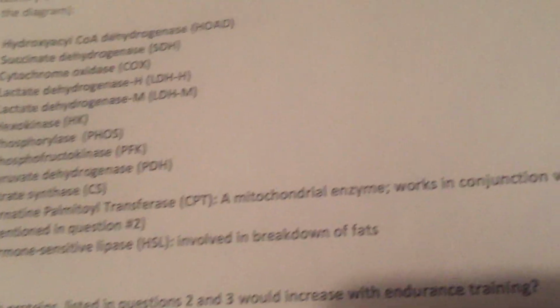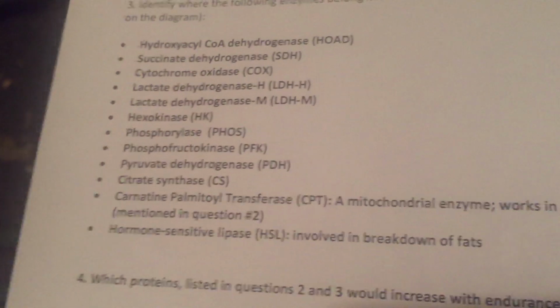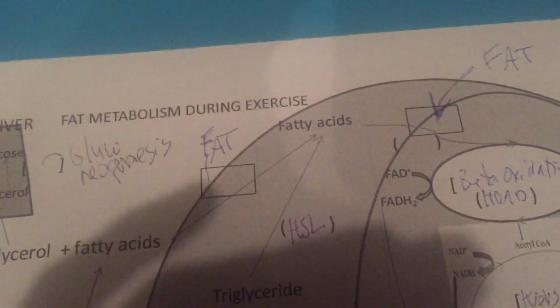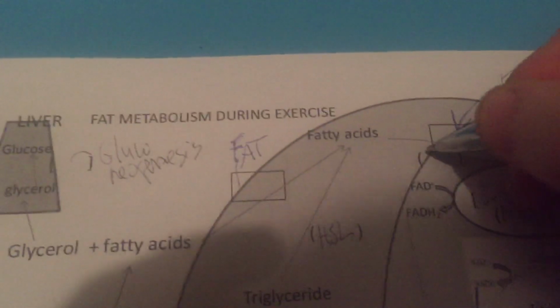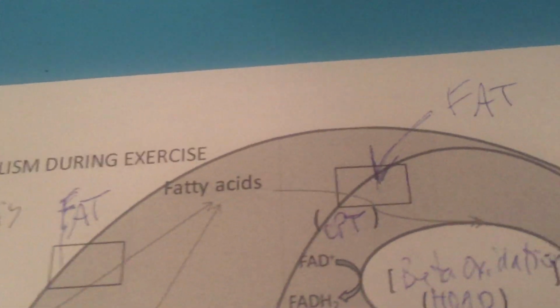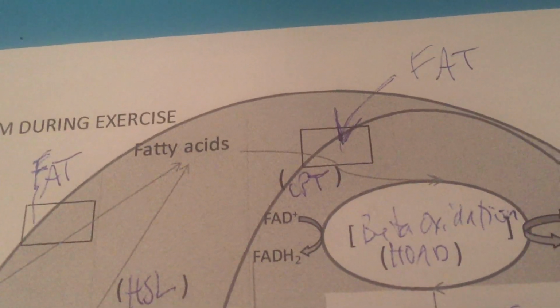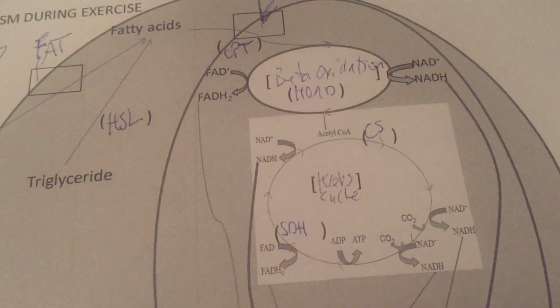It's a mitochondrial enzyme that works in conjunction with fatty acid translocase that helps to get the fatty acids across the mitochondrial membrane. So you have this carnitine palmitoyltransferase. I'm just going to abbreviate it as CPT. Okay, and that works with the fatty acid translocase to get those fatty acids into the mitochondria and then get them through beta oxidation.